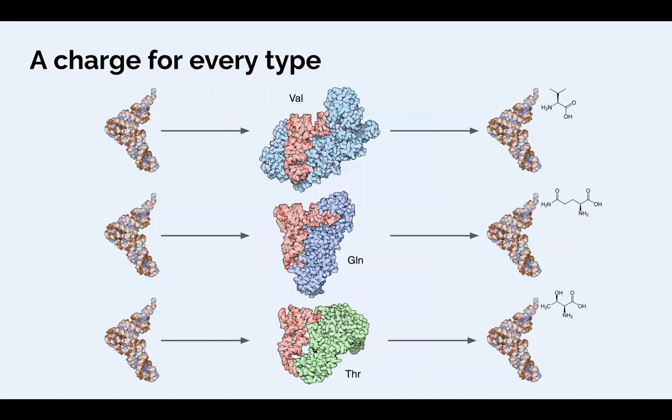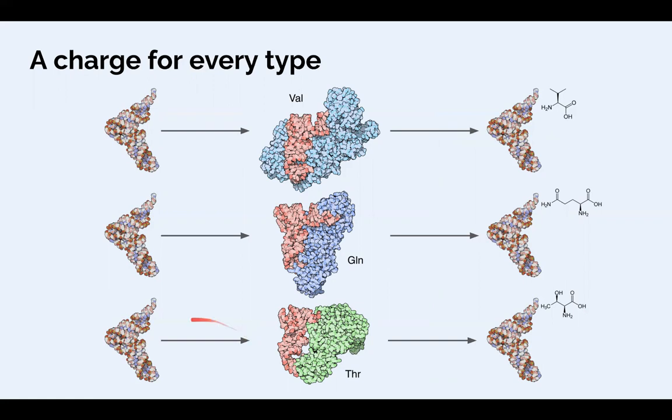Those tRNA synthetases, there are separate kinds of tRNA synthetase. They're shown the same color here. This pink color is actually the tRNA molecule interacting with the tRNA synthetase. On a molecular level, the tRNA synthetase recognizes the tRNA as a specific kind and loads it up with a specific amino acid.